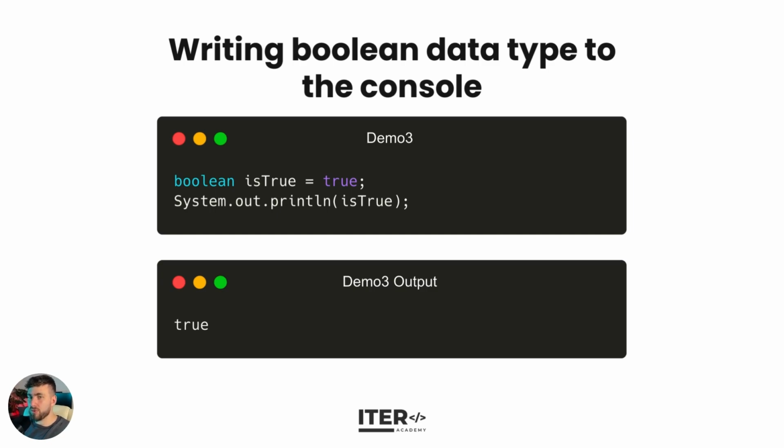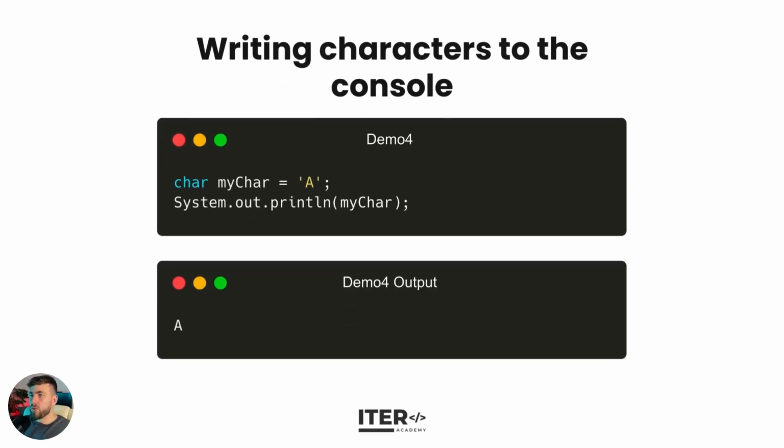The value of the variable is true, so true is printed to the console. We can also write characters to the console, and here is an example. So we define the variable myChar of type char, and after that we print it, and as you can see the value is printed to the console.